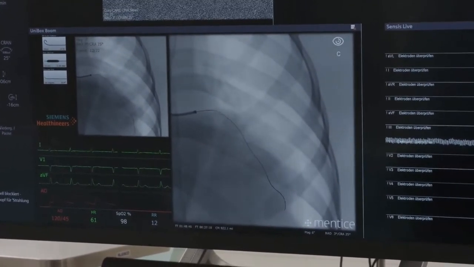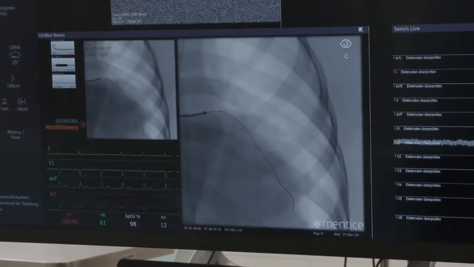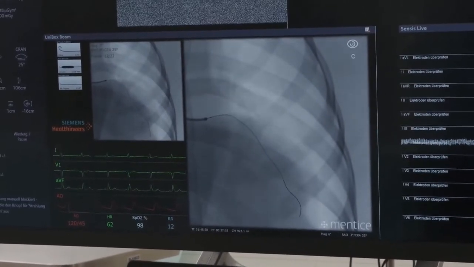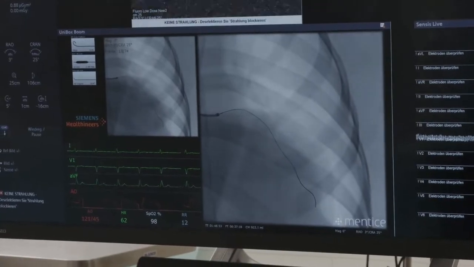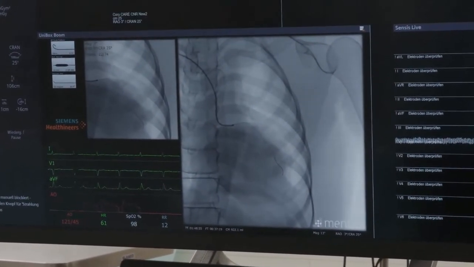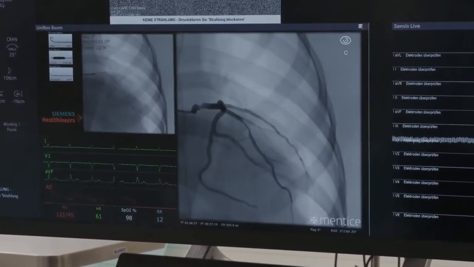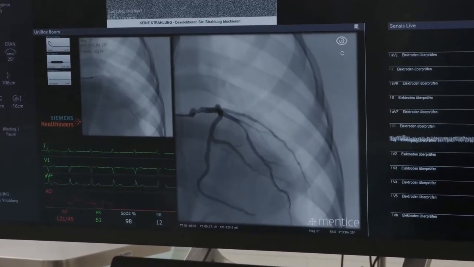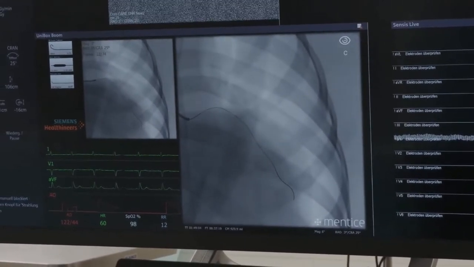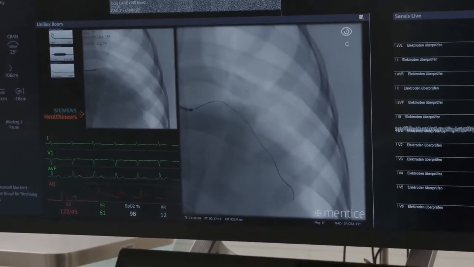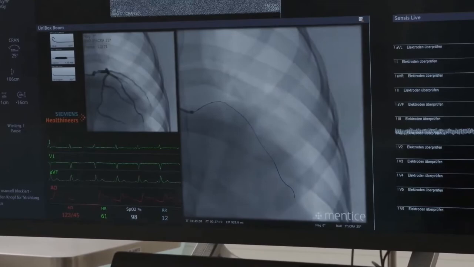So now we have chosen a balloon for predilation of the shaft of the left main. It's a 3.5 by 12 millimeter, and I think this is perfect here. Actually, we can go a little bit more back and disengage. So I think this is not bad.